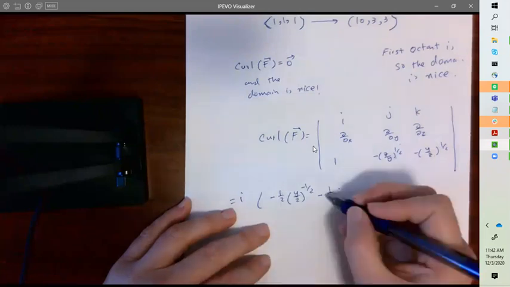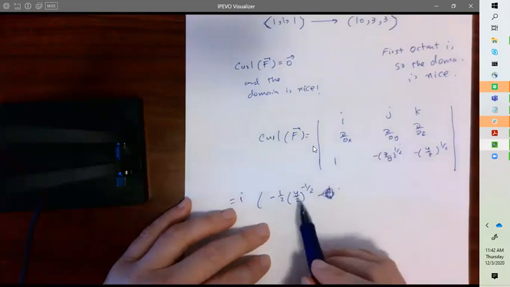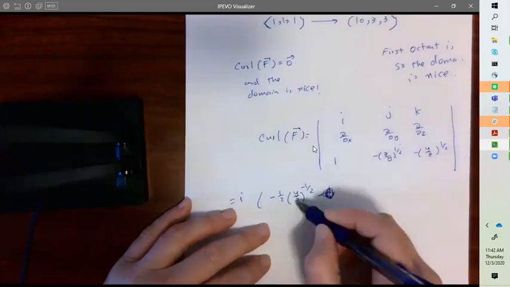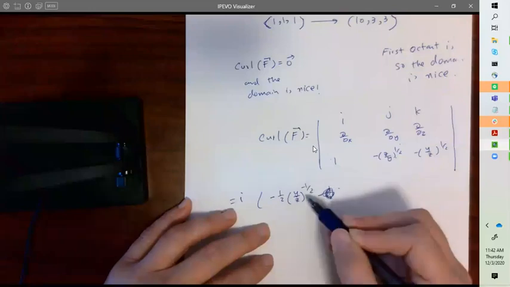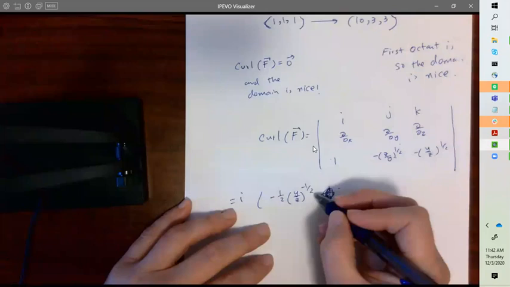I didn't do the derivative of the inside. So negative 1/2 times the derivative of the inside with respect to y, so I get 1 over z.